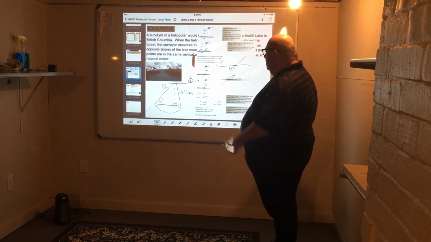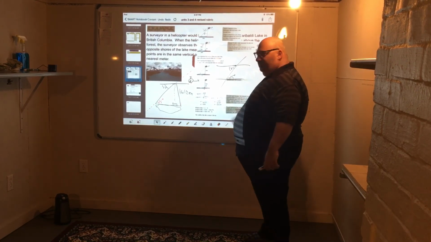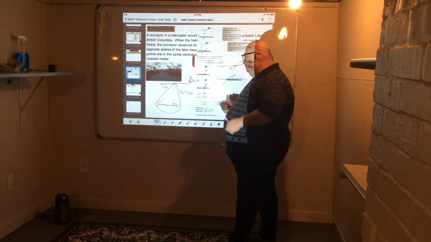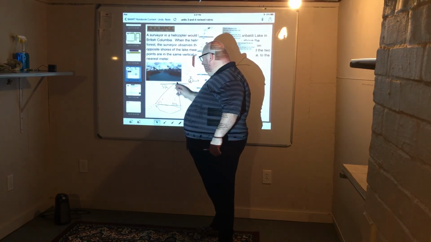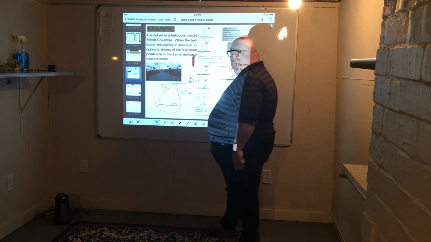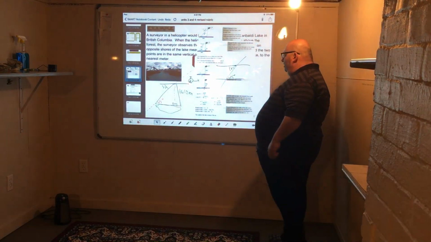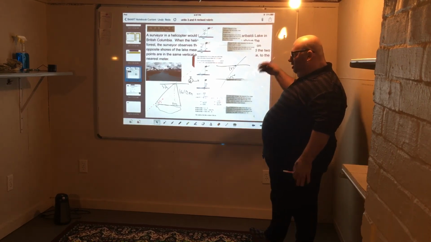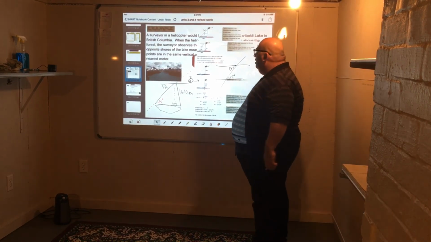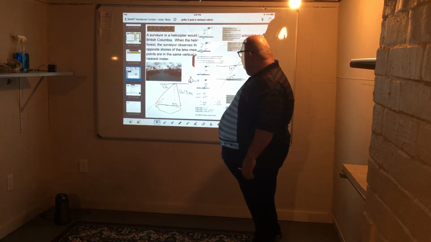So what we end up having here is two triangles. Right, so we need to solve this part of the triangle, then we need to solve this part of the triangle, right? Because he is 1,610 meters above when he takes his measurements, right?